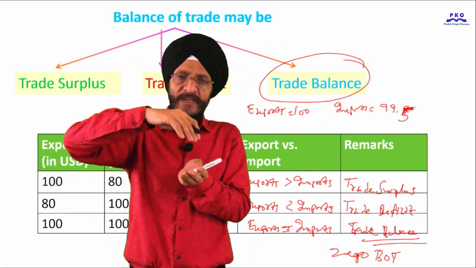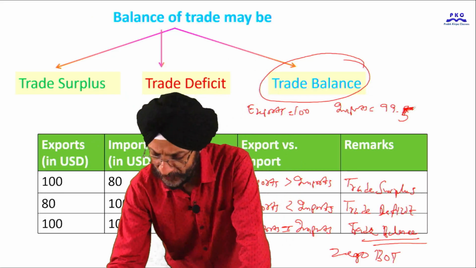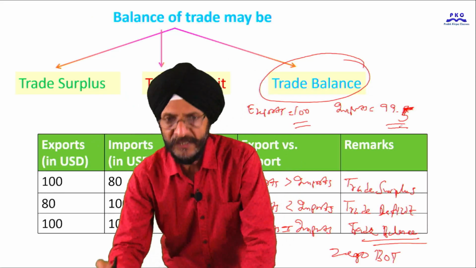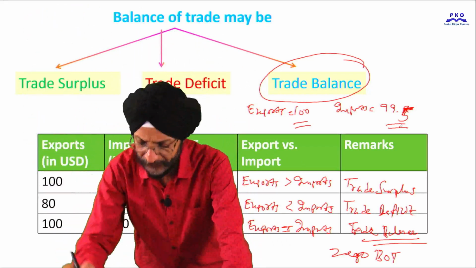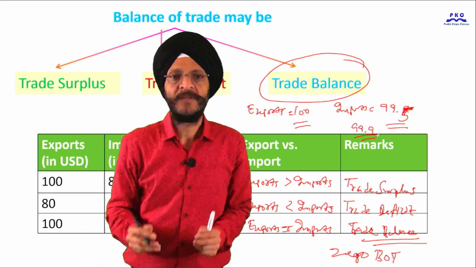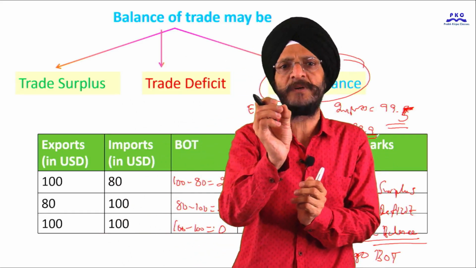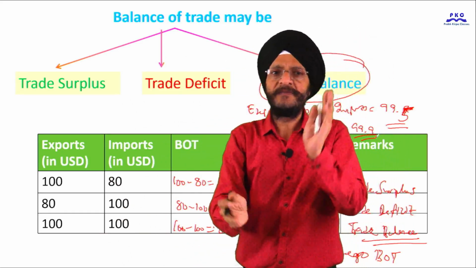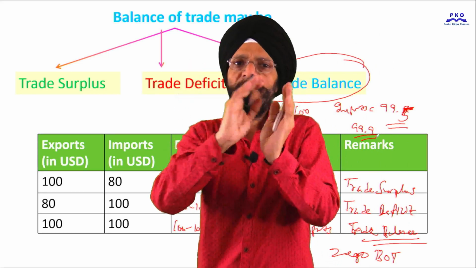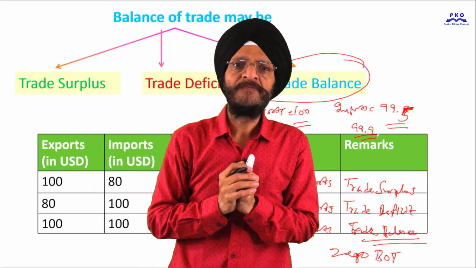We are not taking the figures in billions. We are taking only a small figure. So when we are talking in, say, billions, we will be saying it is 99.9. So here the difference between exports and imports is negligible.